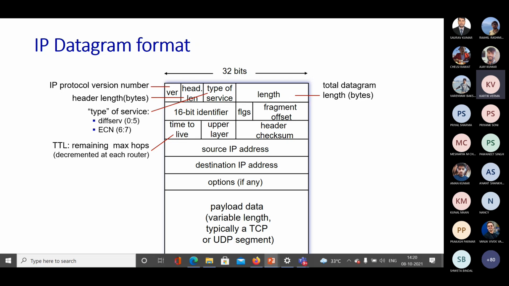Now, what is a hop? When you look at any network that is given to you, let us assume that you have a connection between two devices.